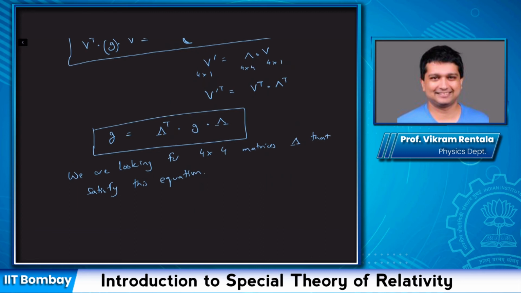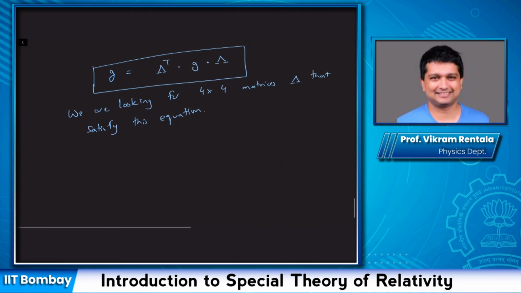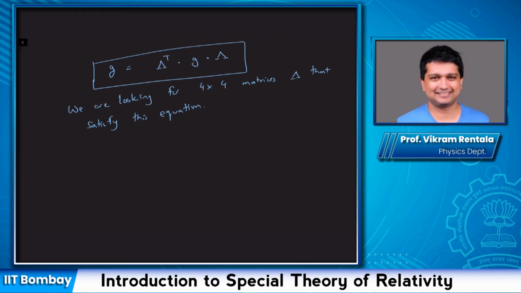Okay, so now what we're going to do is we're going to look for a set of transformations from a coordinate system S, where we have coordinates for space-time points denoted as ct, x, y, z. We're going to transform them to a new set of coordinates, ct prime, x prime, y prime, z prime, which are related to the old coordinates through this 4x4 transformation matrix lambda.